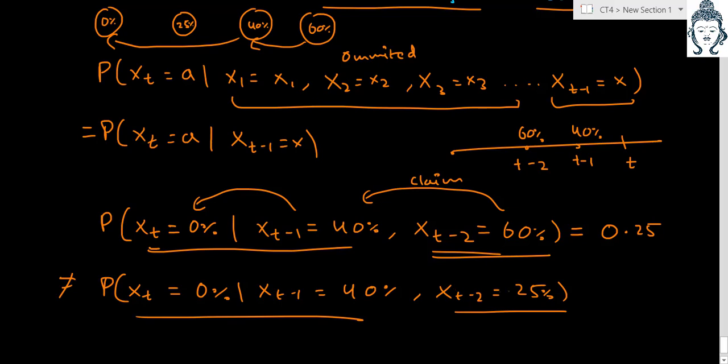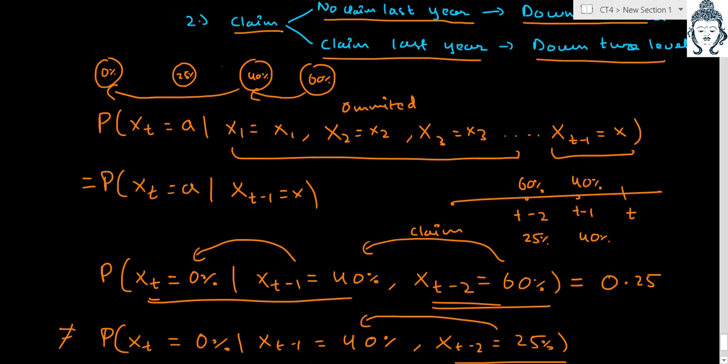But this probability is not the same as the probability where at time t minus 2 you were at the 25% level, and then at time t minus 1 you were at the 40% level, that is you had an increase, that is you had no claim. So from time t minus 2 to time t minus 1 you had no claim, that is why you moved from 25% to 40%.